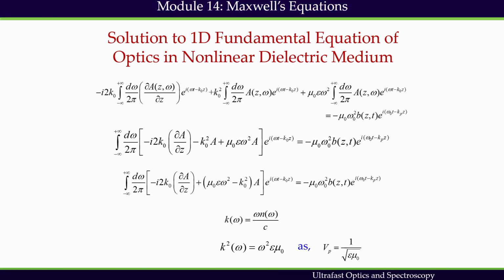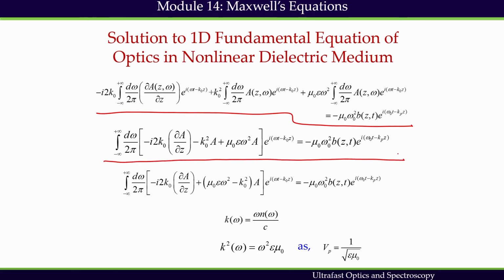Thus, one can insert all the expressions into the one dimensional equation of nonlinear optics, and we get this expression. We can rewrite this expression as this, and again we can rewrite this expression like this.